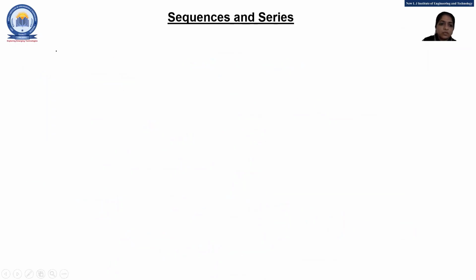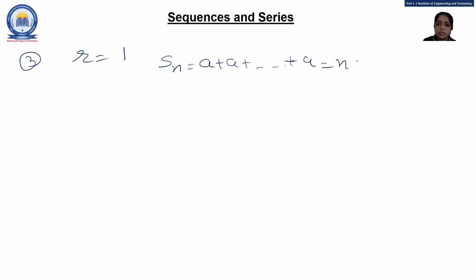Similarly, for the next, when your ratio R is equal to 1, when all terms are the same, then the ratio is 1. It means your first term is a, second term is a, up to your last term. It means n times a.